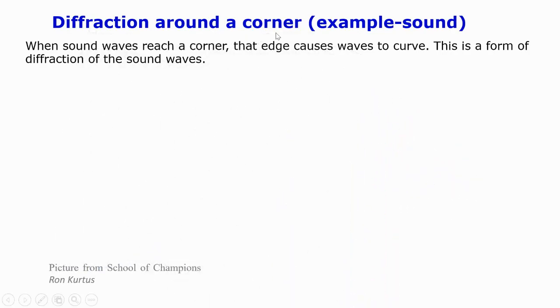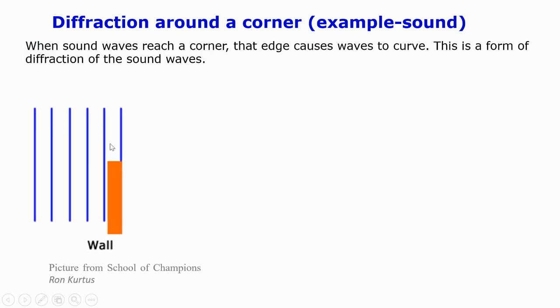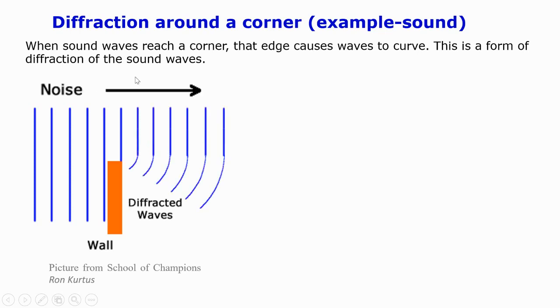Diffraction around a corner. An example is sound. When sound waves reach a corner, the edge causes the waves to curve. This is a form of the diffraction of sound waves.